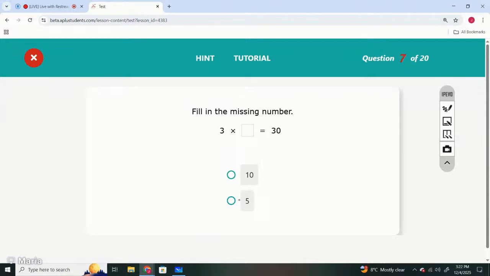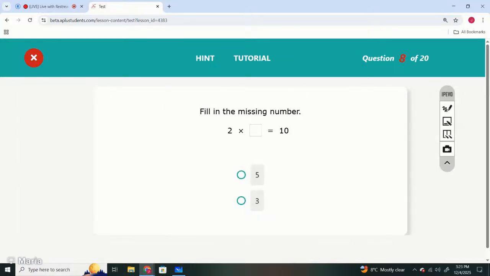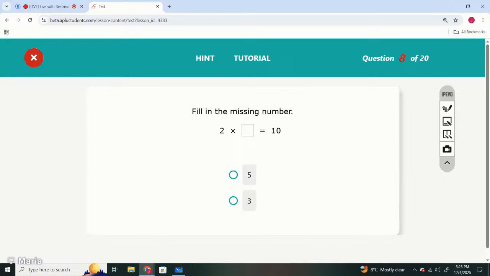Fill in the missing number. 3 times what number is 30? That is 10 times 3 is 30. Option number 1 is the correct option.